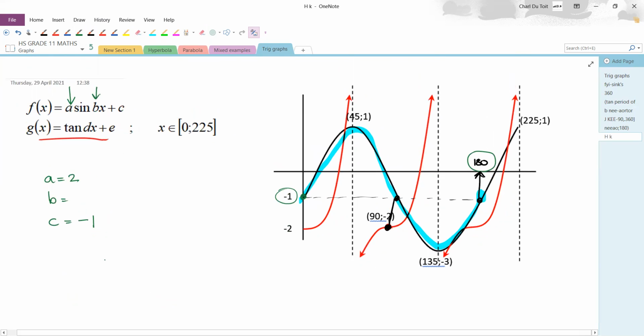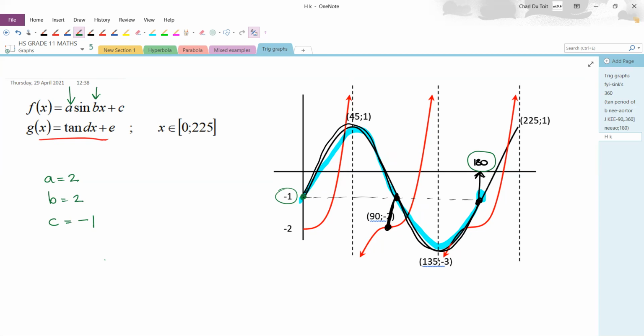I can draw a half graph. That's skew, but there's a graph to 90. So I can do another half to 180. So that's one graph to 180. That means it's 2 graphs to 360. So B is 2. B is the amount of graphs I can draw in its own period.